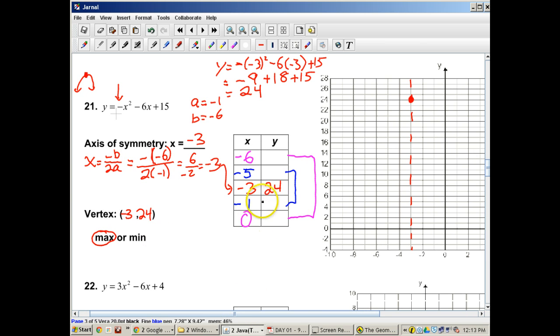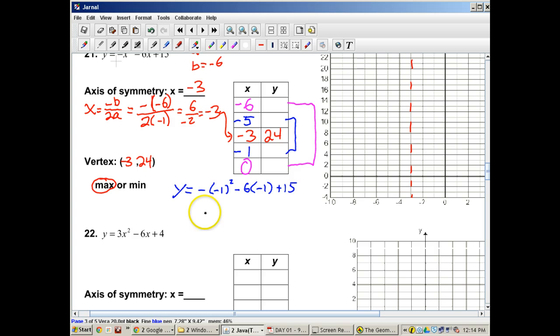All right, so let's try it out. Plug in negative 1. What do we get? Go ahead, try that out. Calculate it. See what you get?